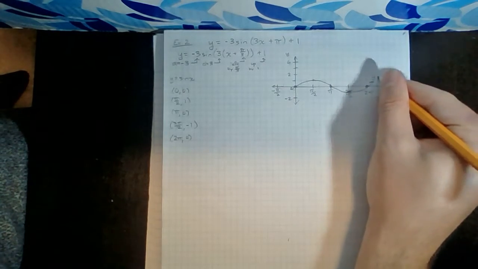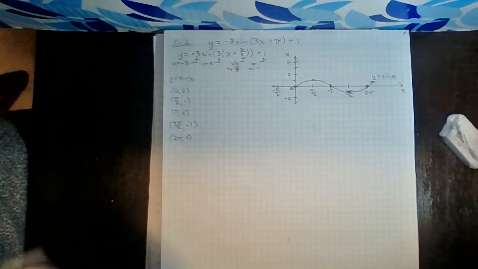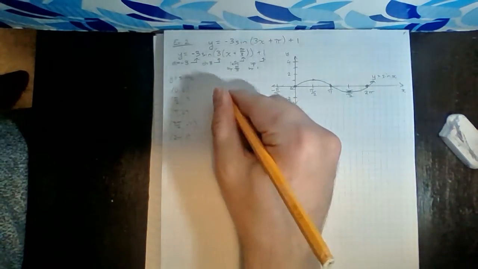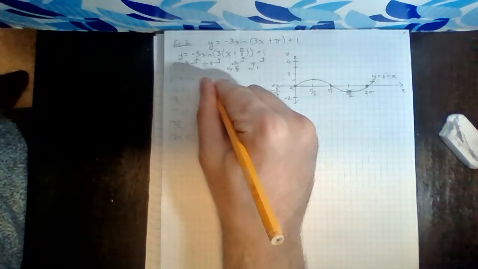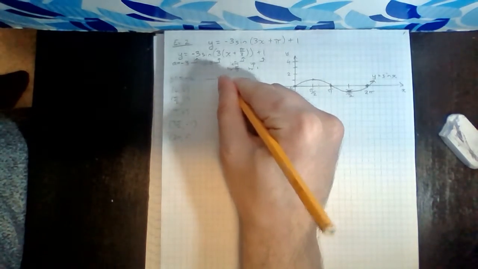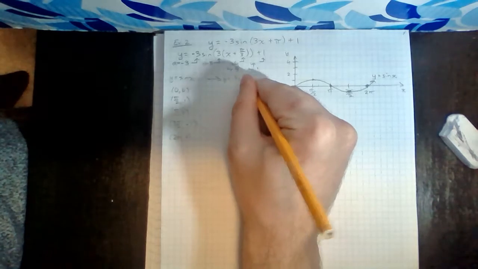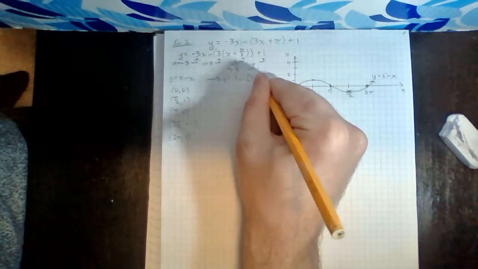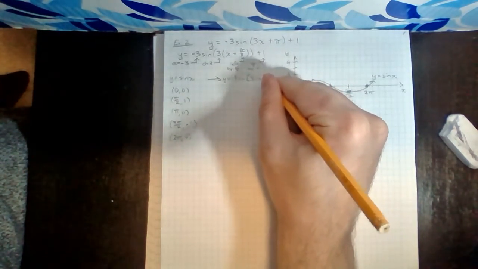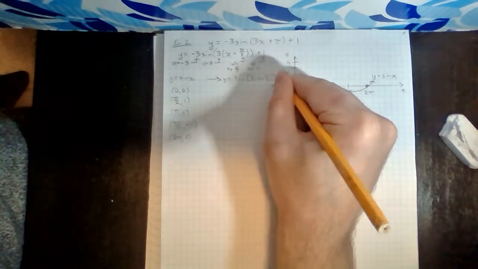And that is our function y equals sine of x. Now our transformed function, y equals -3 sine of (3(x plus pi over 3)) plus 1.